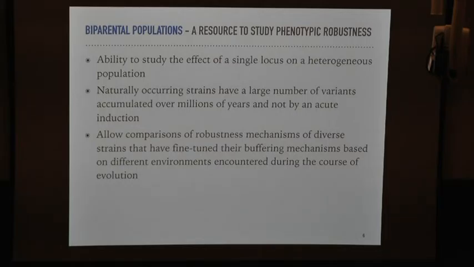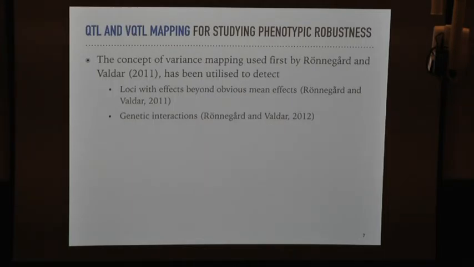To do that, we used a concept recently proposed by Ronnegard and Valdar in 2011, where they proposed using variance QTL mapping as a method to identify variants which have a genetic basis but are beyond the mean effects only. So this was not just doing mean QTL mapping, but variance QTL mapping as well.